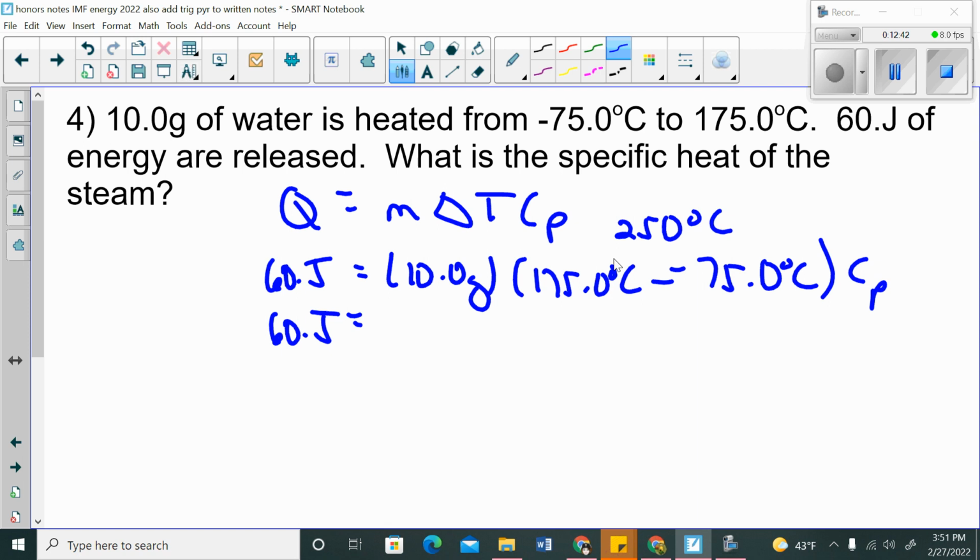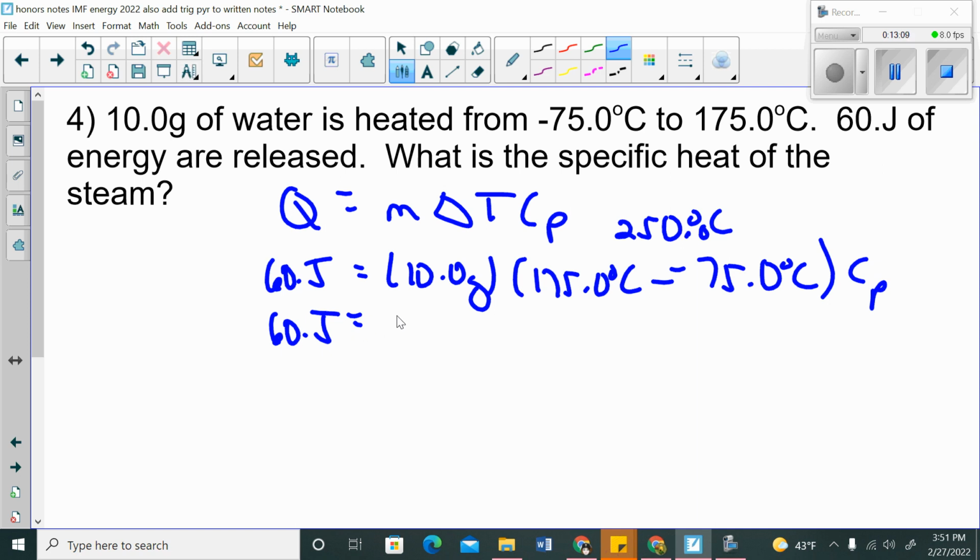Nothing's going to cancel because we actually want all 3 units for our specific heat. So 250 times 10.